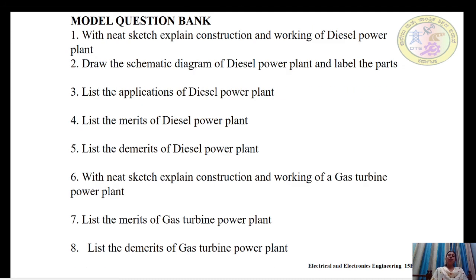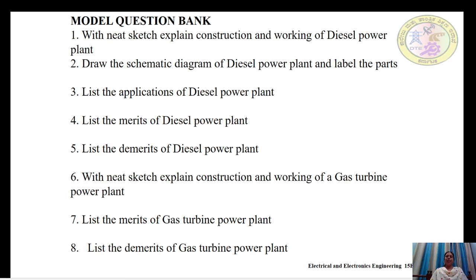Now we'll see the model question bank. I told you I have completed the diesel power plant, gas turbine power plant, and the merits and demerits of diesel power plant and gas turbine power plant. This model question bank is for the last 3 sessions.